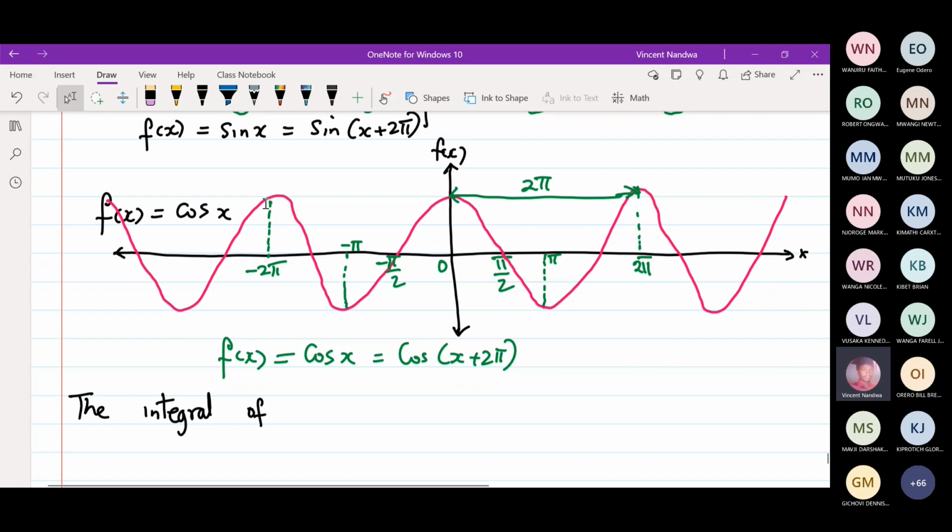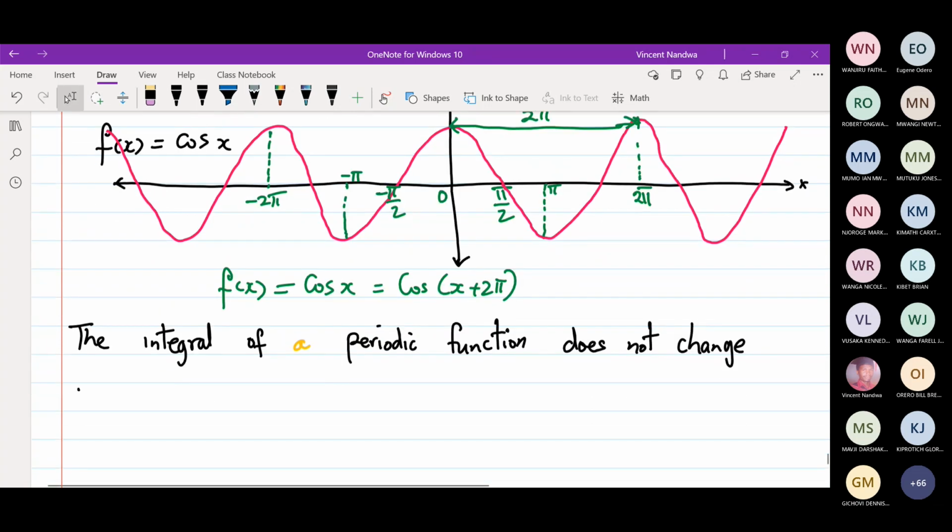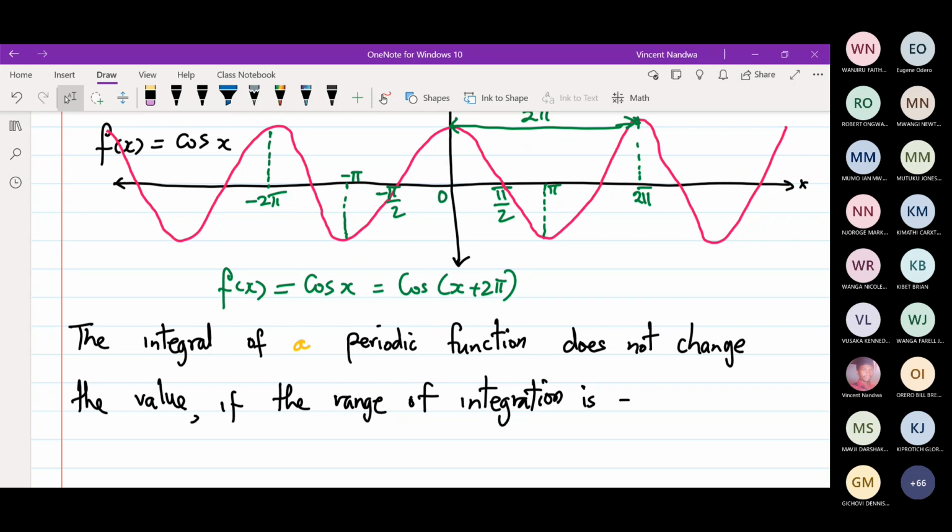So the next point was now to say that the integral of a periodic function does not change the value if the range of integration is equal to its period.